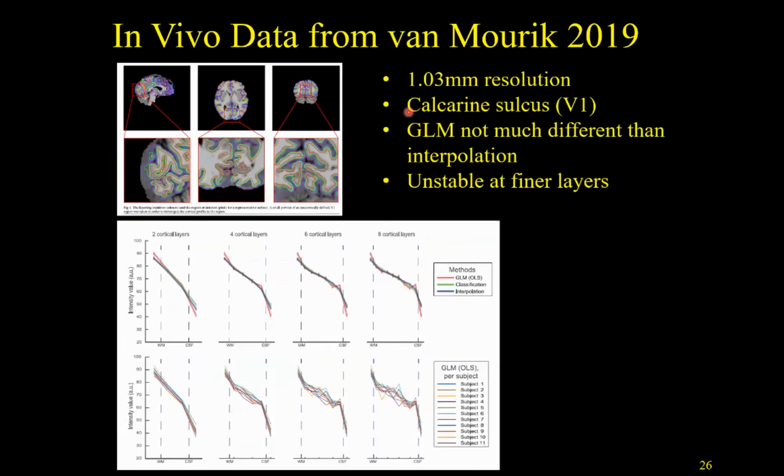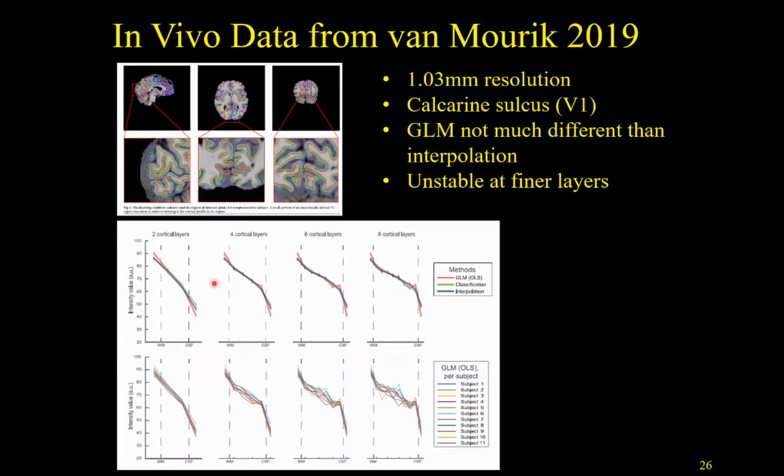On real data, they had some data that was 1 millimeter resolution, and they went back to the calcarine sulcus and they created layers of surfaces. And they basically did the same thing. So they looked at having just 2 layers and like 4 layers and 6 and 8 layers, and solved the spatial GLM and compared it to the interpolation.